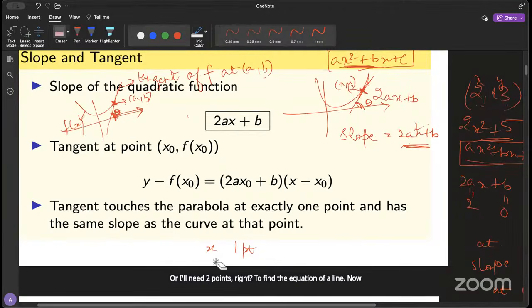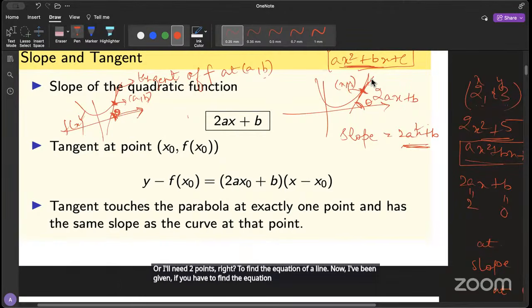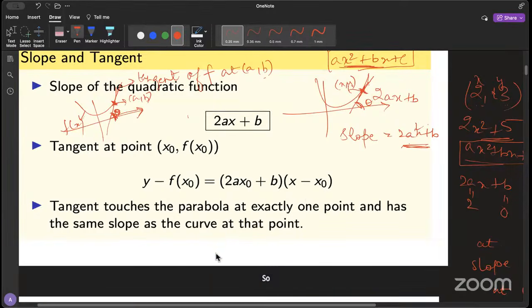If you have to find the equation of this tangent line, you already have the point at which this is a tangent. So your point is given, x naught comma f of x naught, and the slope is the slope at this point. We just checked what's the slope at this point.